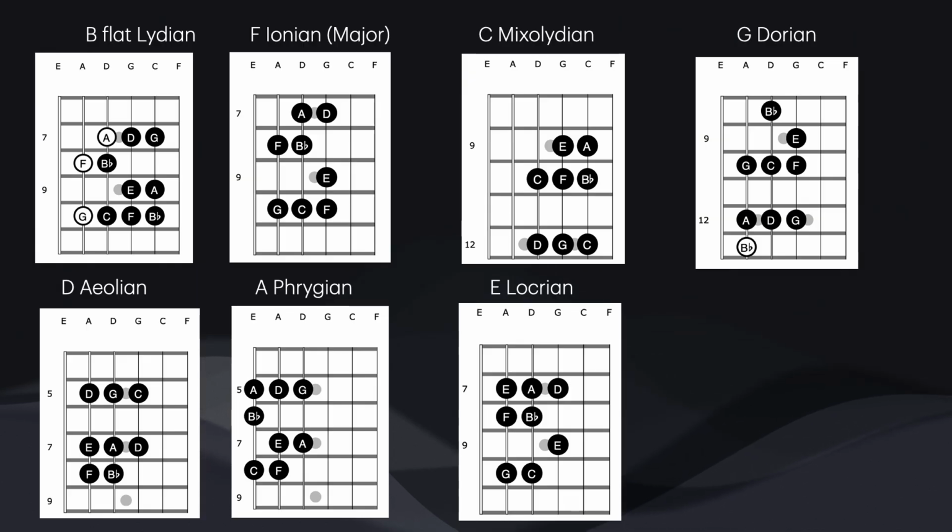So the change here is from the B natural to the B flat. Then we're going to move to the G Dorian. So the G Dorian has that B flat in it. It's over here.